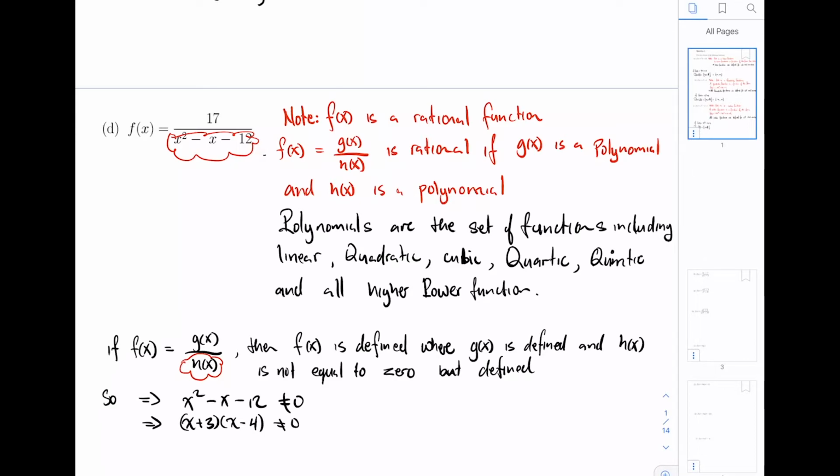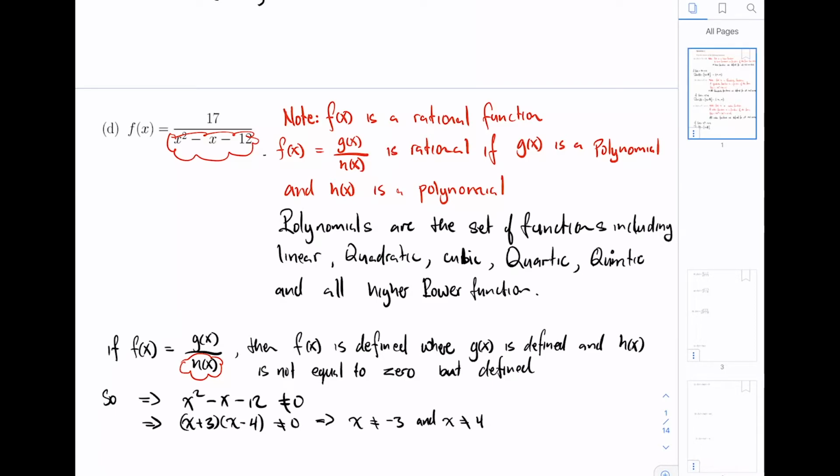So here, that's a positive 3, which implies that x is not equal to negative 3, nor x is equal to, so I guess let's change that. x is not equal to negative 3, and x is not equal to positive 4.